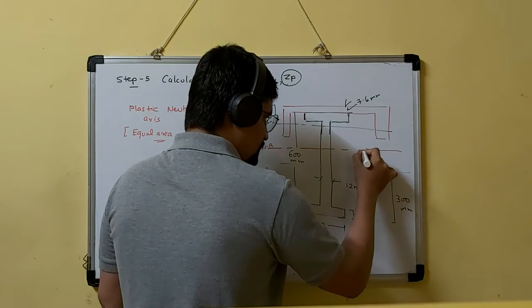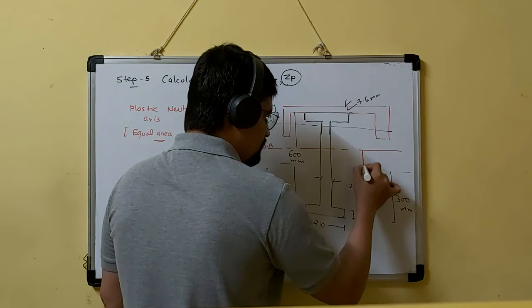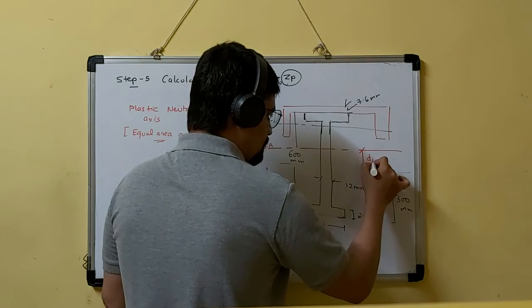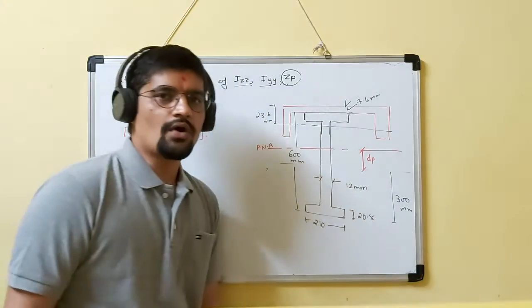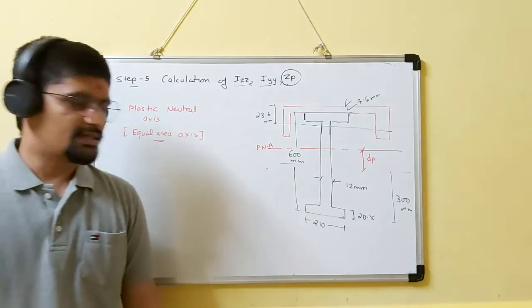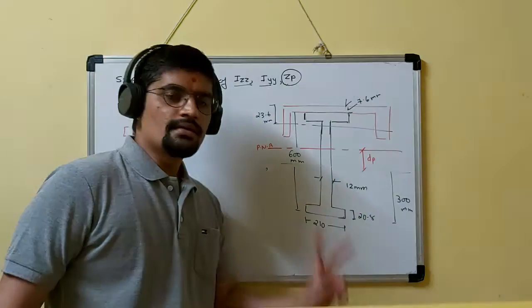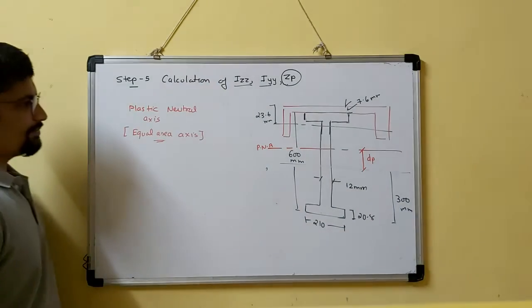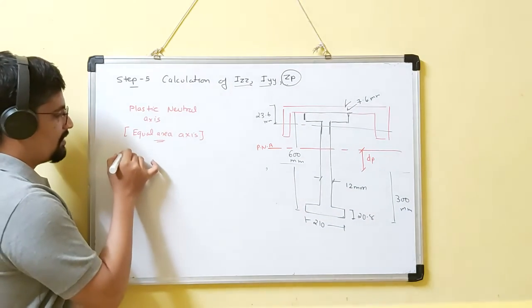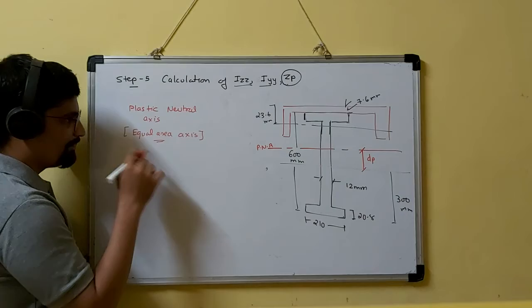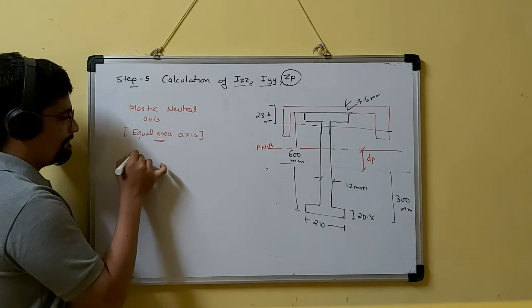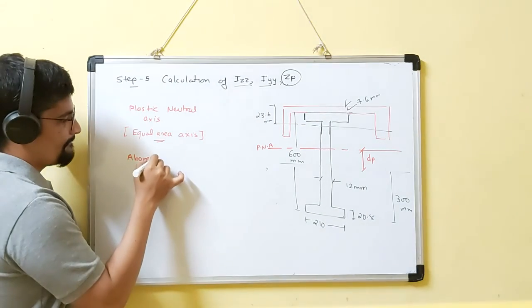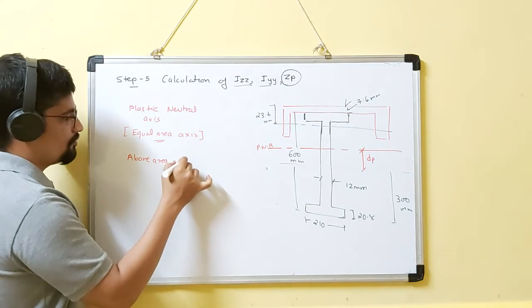Let us assume that this is dP, the depth of the plastic neutral axis from the CG of the I section. So as per the definition, above area is equal to below area.